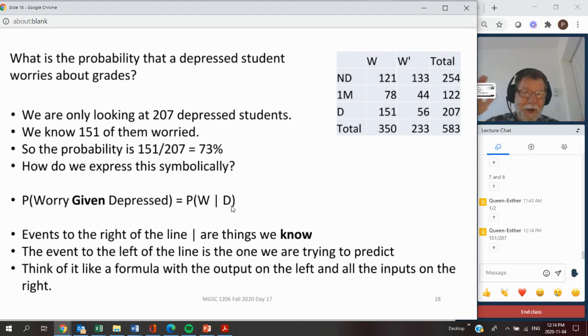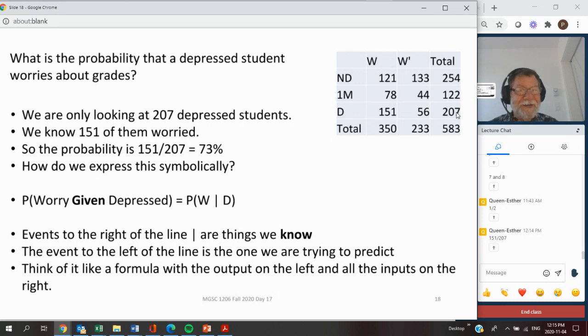So it's like even a formula, y equals mx plus b. X is what you know, and you're trying to get y. And so it's in that same sequence. Some students actually go and think of this, if they're given a table like this, as division. I'll take the W's and divide by the D's. I take the 151 and I divide by the 207.